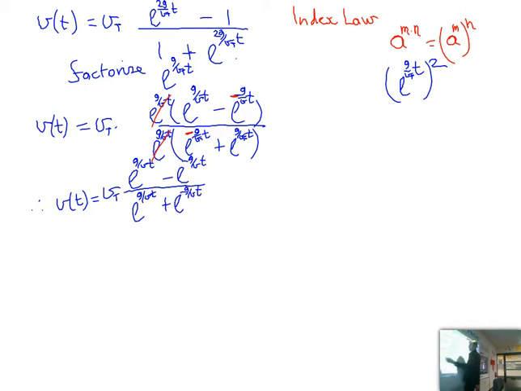So all I've done is just swapped the order of my addition terms in the denominator. Okay? So I've got e to some power, subtract e to the negative, divided by e to the positive power plus e to the negative power.